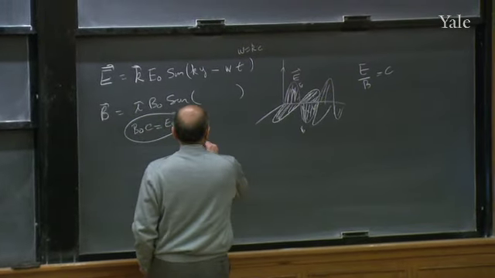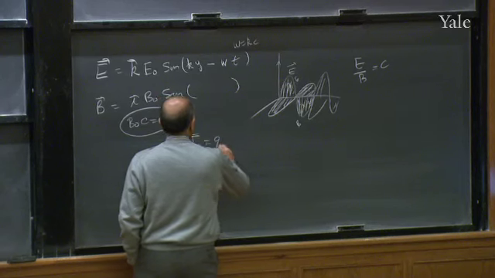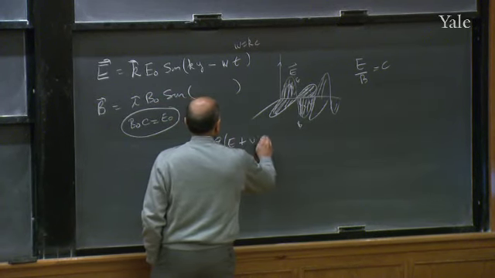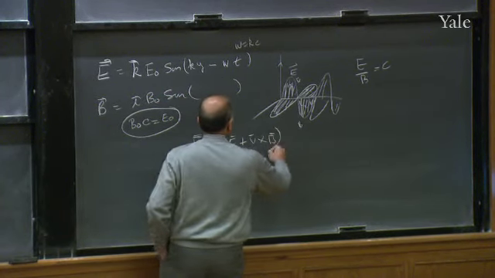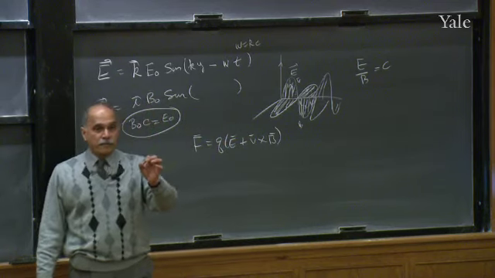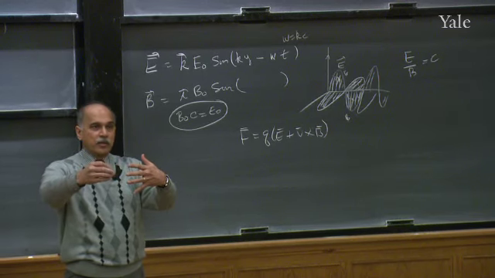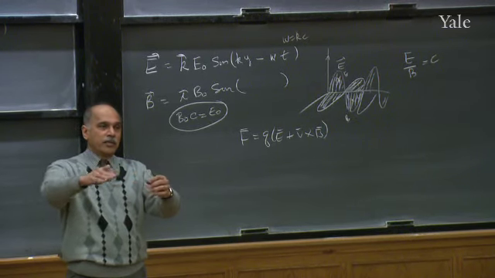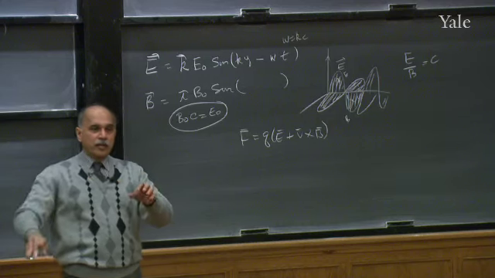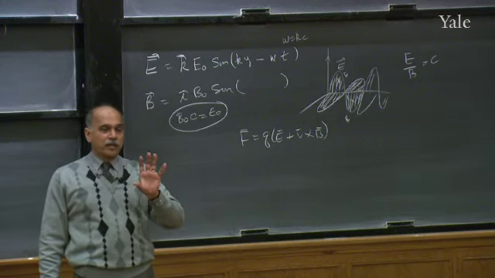This is interesting because if you took the force on a charge, you remember it's q times E plus v cross B. That means if you took an electron and you left it in an electromagnetic field, the field comes and hits you. The E field is oscillating one way, the B field is oscillating perpendicularly, the wave is traveling in a direction perpendicular to both.